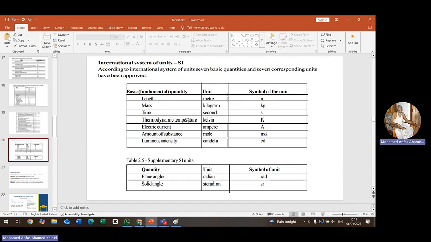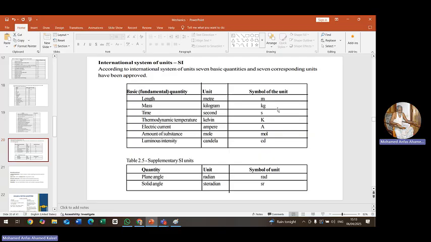The corresponding units are meter for length, kilogram for mass, second for time, Kelvin for thermodynamic temperature, ampere for electric current, mole for amount of substance, and candela for luminous intensity.